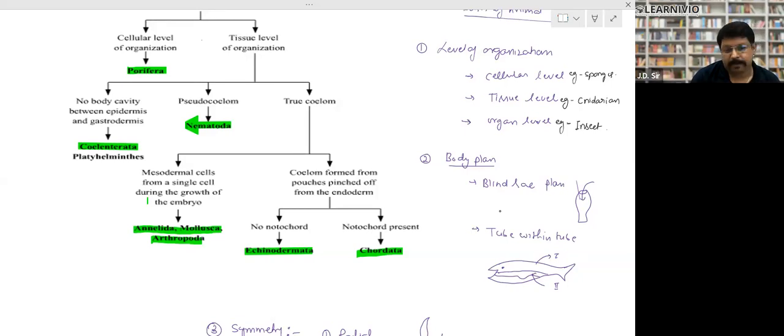In the blind sac plan, there is a single opening. The organism takes food in through this opening and removes waste from the same opening. The rest of the body is like a pitcher. So that is called a blind sac body. For example, the blind sac body plan is found in Hydra. Is that clear?